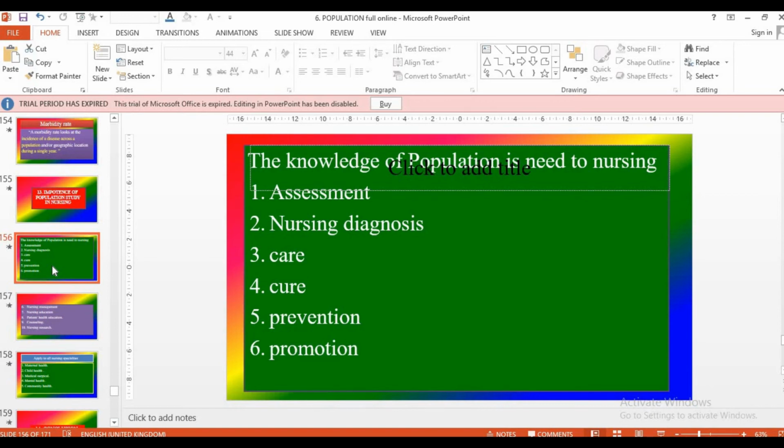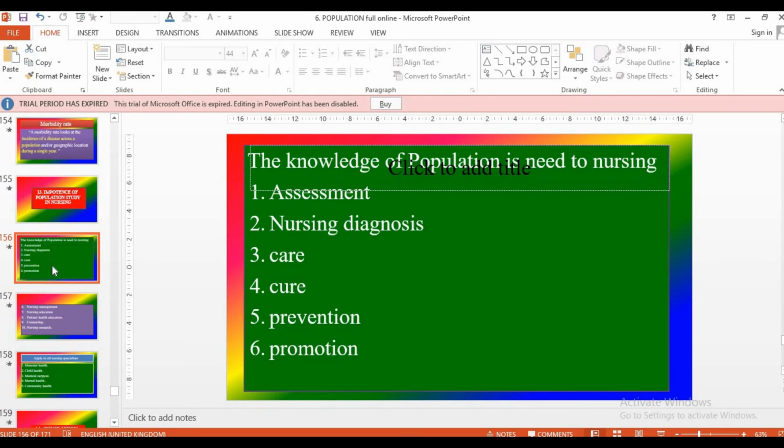These help us make a good diagnosis, identify the causes of diseases, and identify the needs of patients. For example, if a patient comes from a poor background and is unable to pay, at that time we can implement programs like insurance, Star insurance, and provide adequate, equal nursing services to everyone, everywhere.